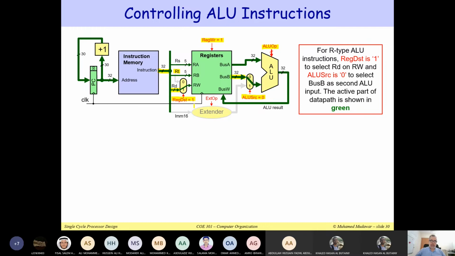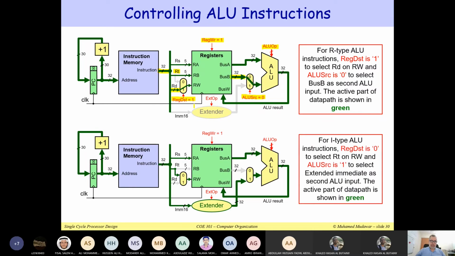In the case of an immediate type, this is shown below. If you have an I-type ALU instruction, again, we can detect this from the opcode. I'm not showing this detail. I'll come back to it later. Now, in the case of an immediate type, we have a 16-bit immediate. Now, RT here is my destination.